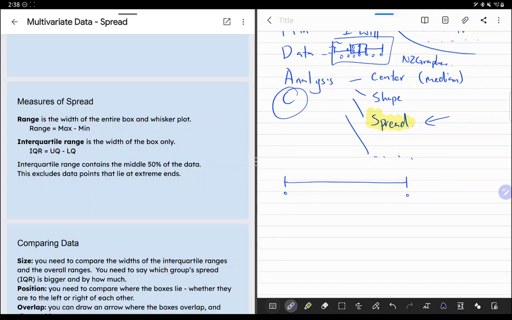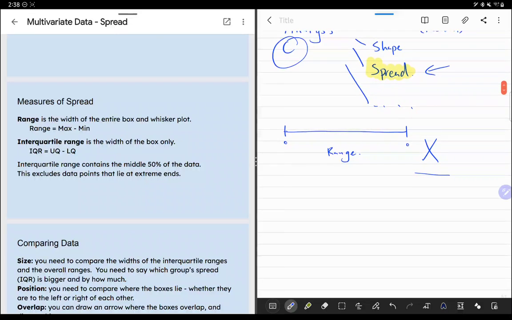So if it was plane ticket prices, the range would be the difference between the most expensive ticket in your data set and the very cheapest. So that is called the range. But this is not the one we're going to use mainly. We're going to use the interquartile range a lot more.